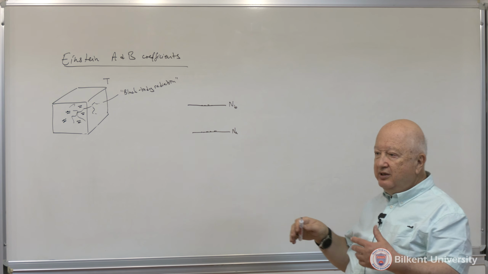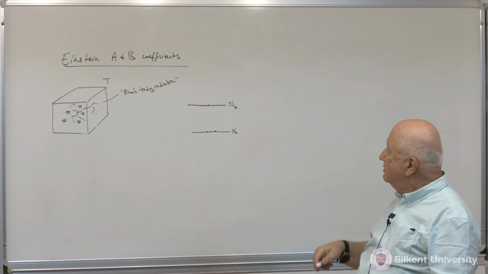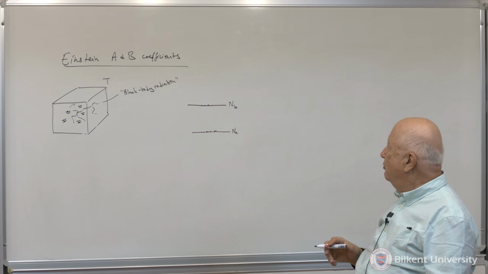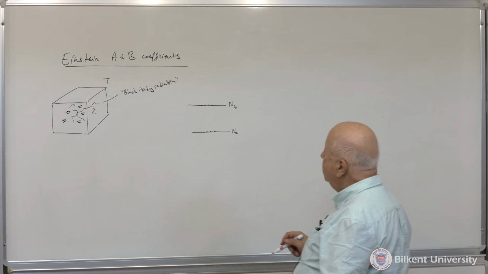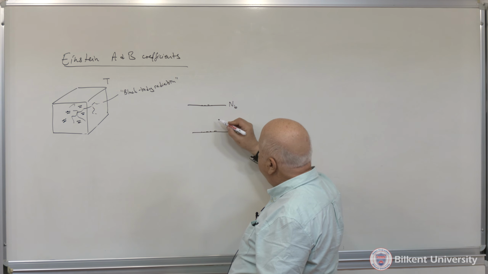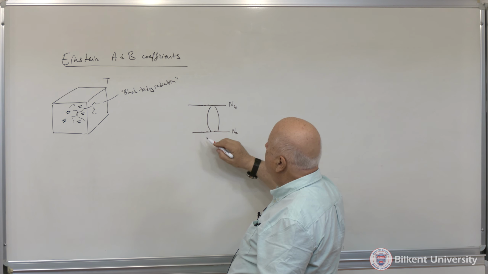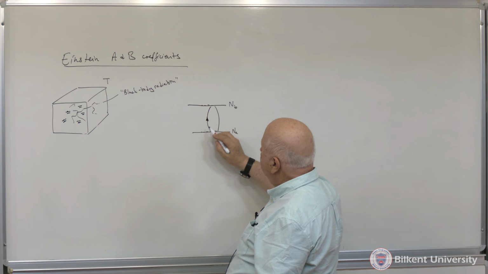So we could write these things in terms of probabilities, but since this is pre-quantum mechanics, Einstein described this in terms of the number of particles that you have up there. And he postulated the existence of 3 types of processes. Those that are stimulated absorption. So let's look at the rates.